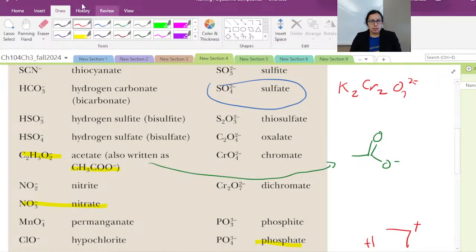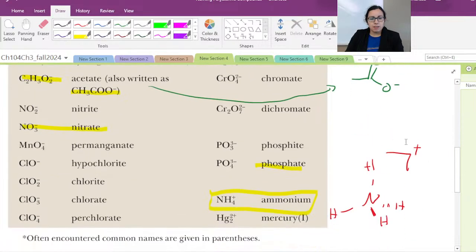Again, you just have to look at your chart to figure out, oh, okay, this is a polyatomic, and then you can name it as dichromate. And then you would not put the -2 charge in the compound. Saying -2 here means I put 2 potassiums there to balance it. So we're still just trying to make neutral compounds.